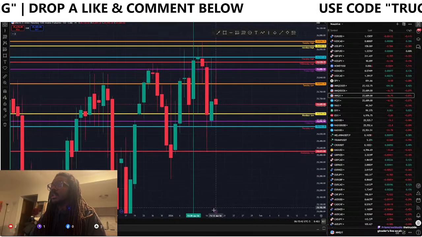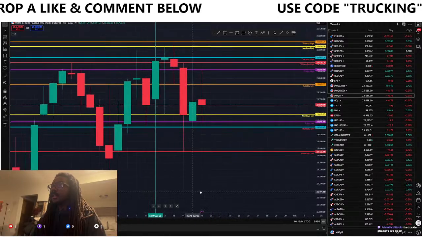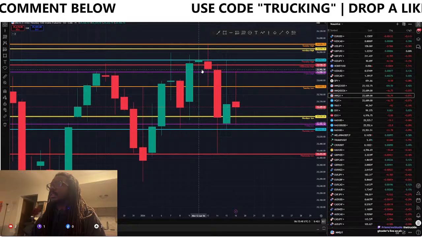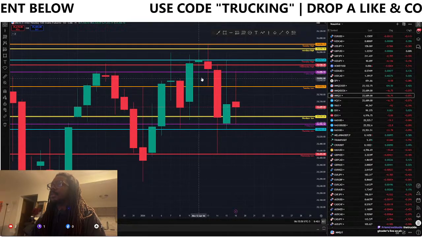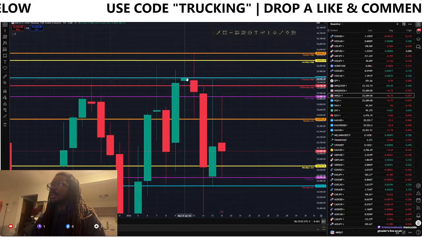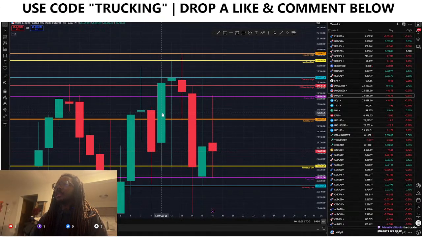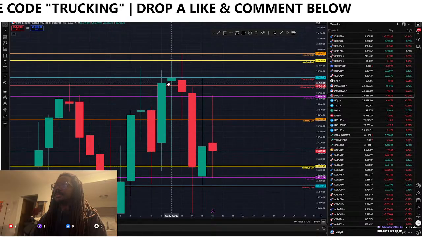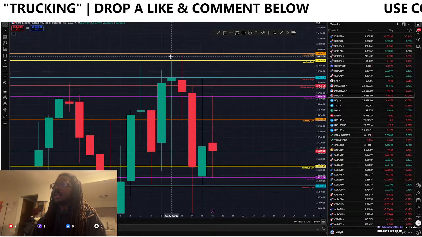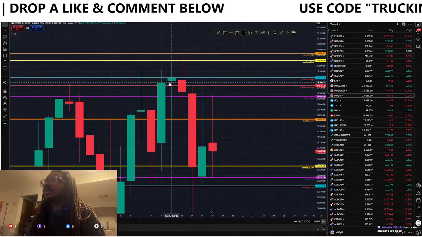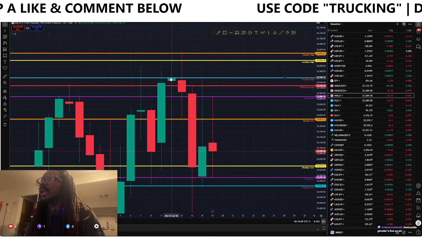All right, so looking at this week's price action on the daily, you guys can see right here on this Monday, this big green candle, that's a pin bar. We started off Monday going up into this liquidity, it seems, because this candle opened, I believe, right here.